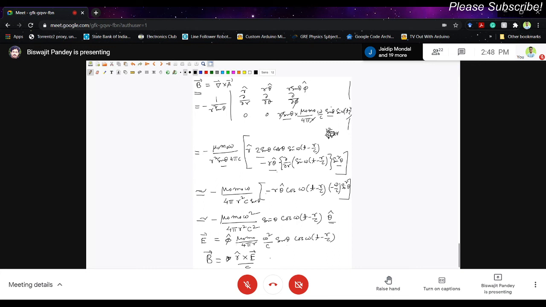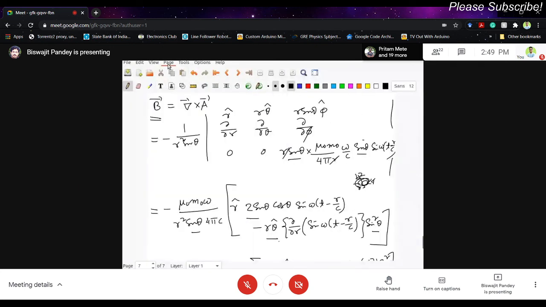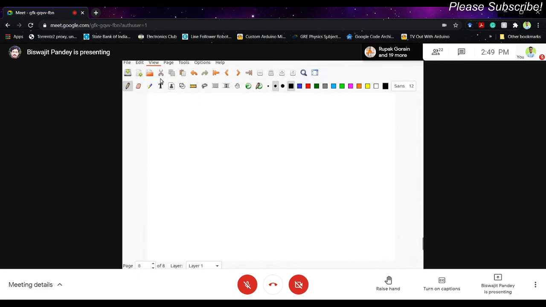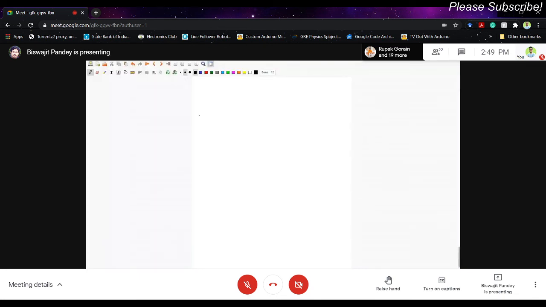So now we have both the electric field and magnetic field for the oscillating magnetic dipole, which we can use to calculate the Poynting vector and the total power radiated. Let us do that quickly because now the work is quite trivial.